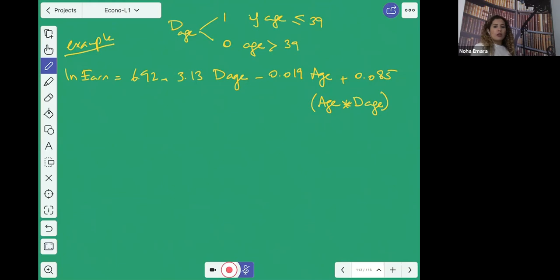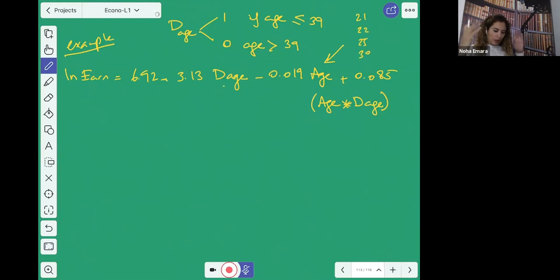So this model, I'm using it in order to be able to differentiate between people who are 39 years of age or less and people who are older than 39. And so this is a dummy. For the age, it's a continuous variable. Okay, so it's like, okay, 21 years of age, 22, 25, 30, whatever.